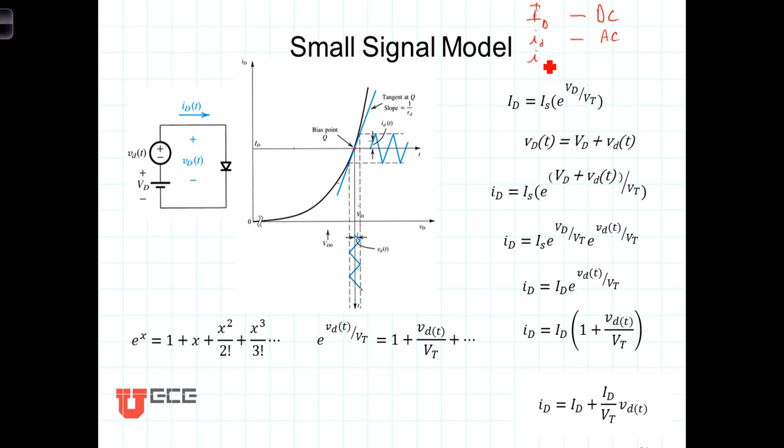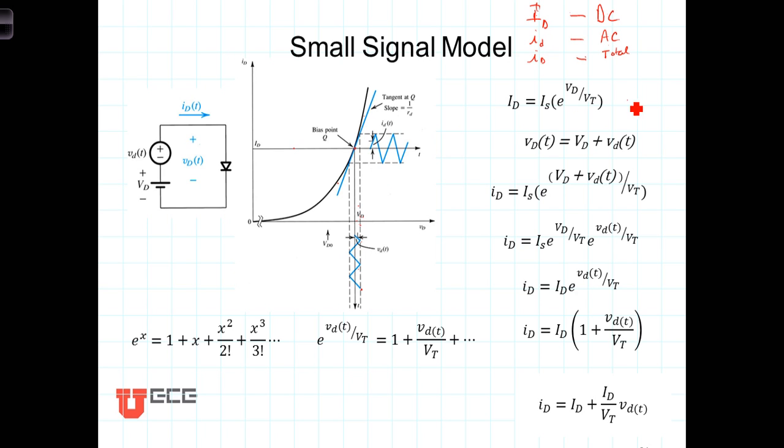When the variable is lowercase and the subscript is uppercase, that's going to represent a combination of the AC and the DC components, or we sometimes refer to that as the total current. As we go, you'll want to pay close attention to the variable names that we're using, because sometimes we're going to be talking about the DC component, sometimes the AC component, and sometimes a combination of the two.